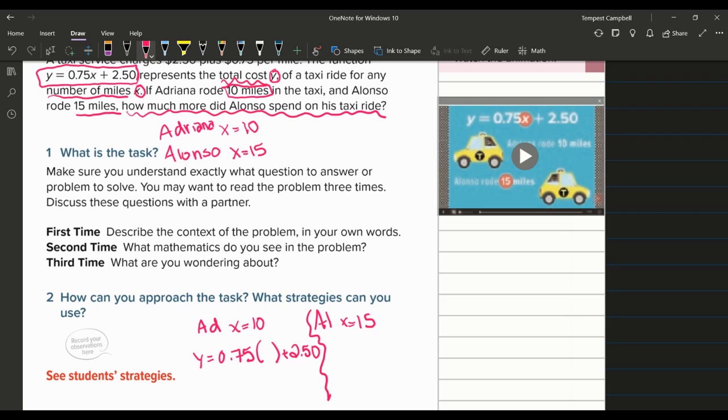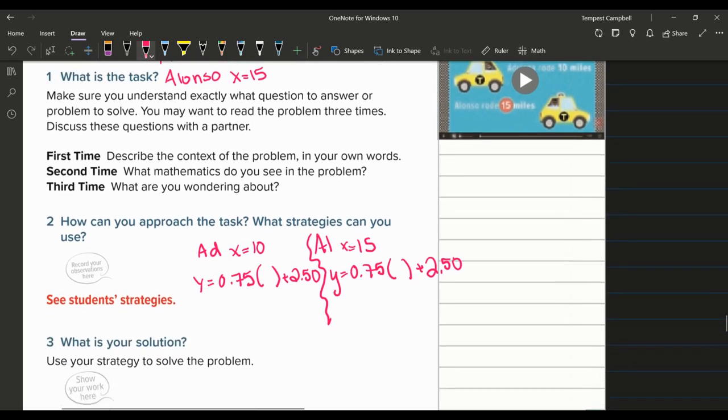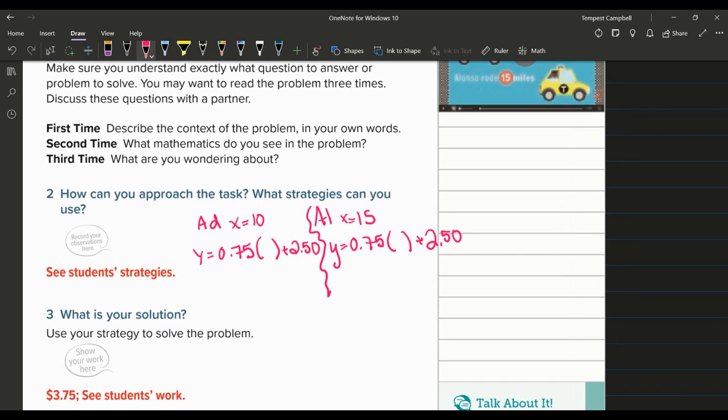And then we're going to have Alonzo, and so we're going to plug in his x value. So we're going to still rewrite the same equation, but we're going to end up putting two different numbers in, and we're going to compare our total costs. So we're going to plug in 10 miles for Adriana. We're going to plug in 15 for Alonzo, and we're going to compare their costs.